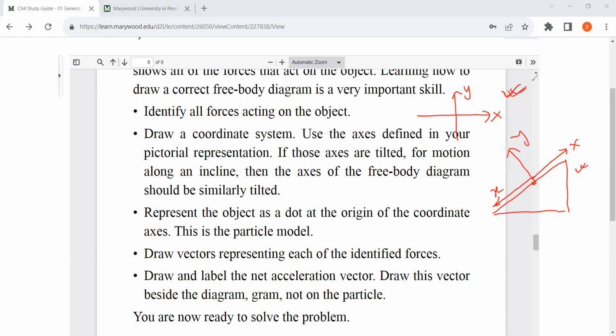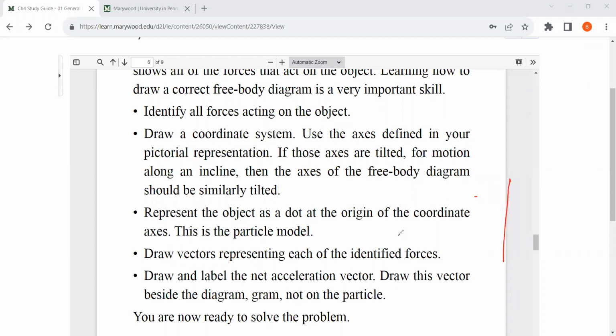Once you choose your coordinate system, once you are happy with it and you have already identified the forces that act on an object, the next thing is to put the object at the center of the coordinate system.